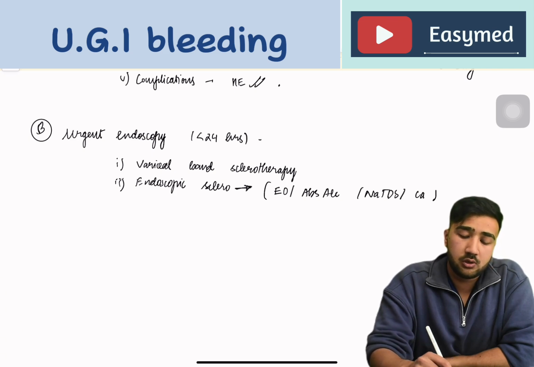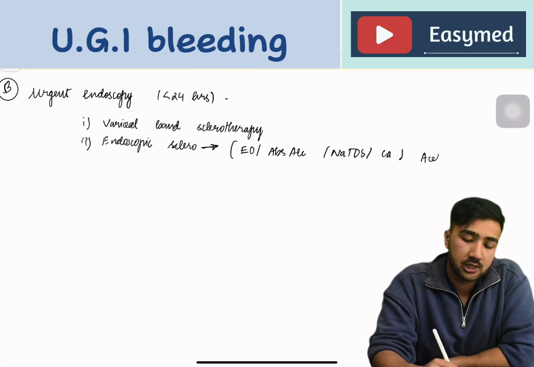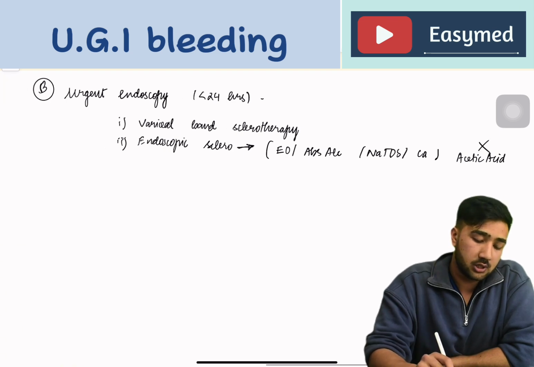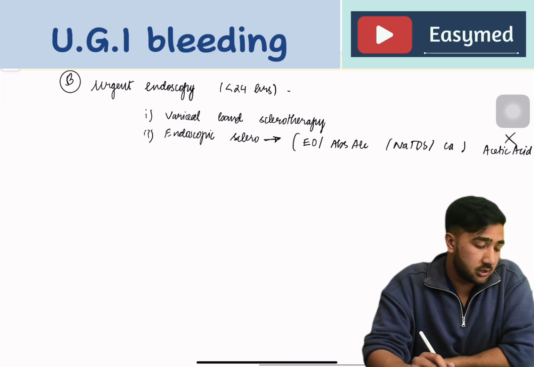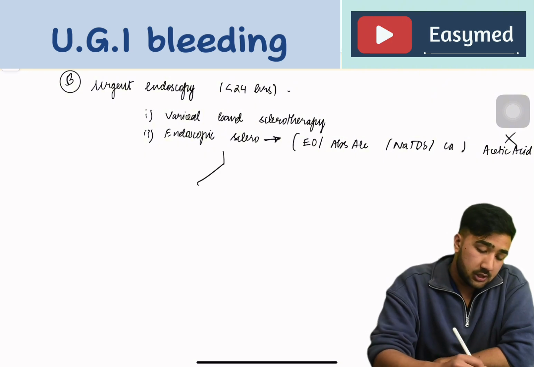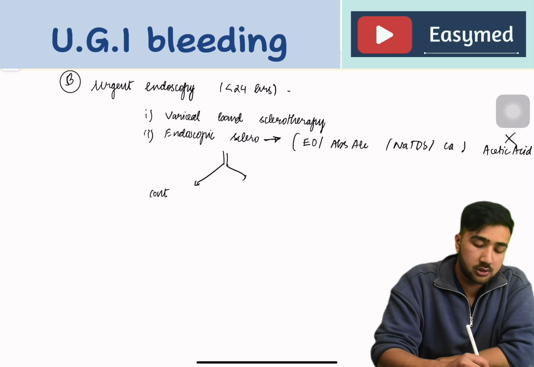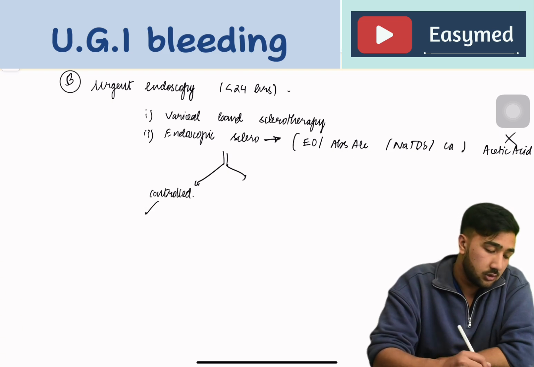And in one MCQ it was asked which of the following is not the sclerosing agent, and the answer is acetic acid is not the sclerosing agent. The others mentioned earlier are examples of the sclerosing agents. Now if bleeding is controlled with either of these two options, we just continue with the vasoactive drugs as discussed above, like terlipressin or octreotide.